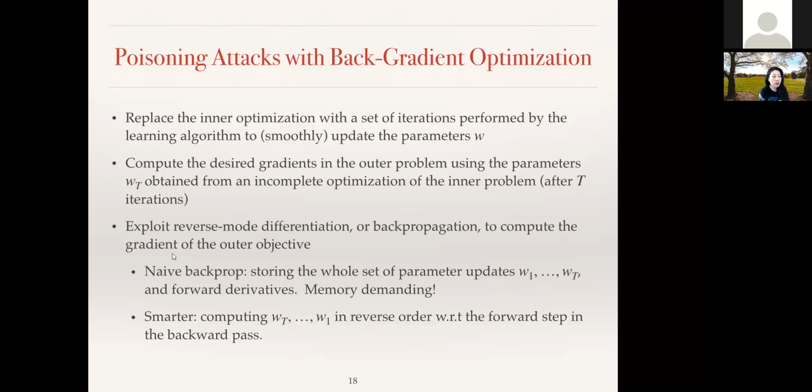Sometimes it is too memory demanding, because each omega i would require storing an entire neural network's parameters, which is really expensive. So they solve this by computing omega t backwards to omega 1, in reverse order with respect to the forward steps, in the backward pass.